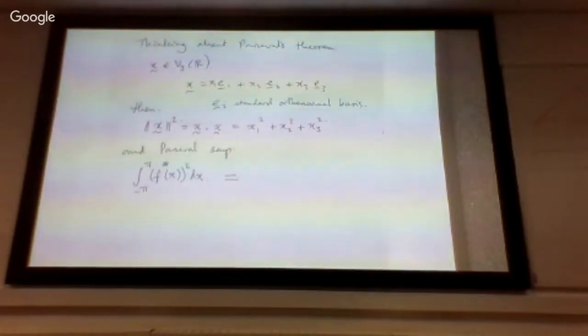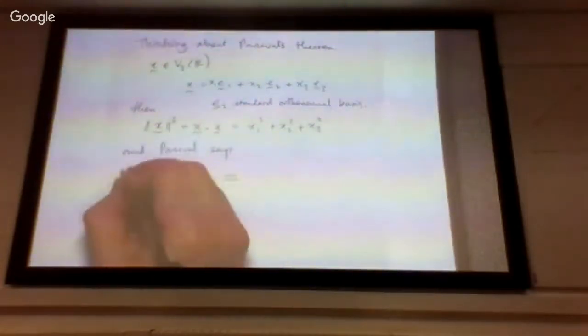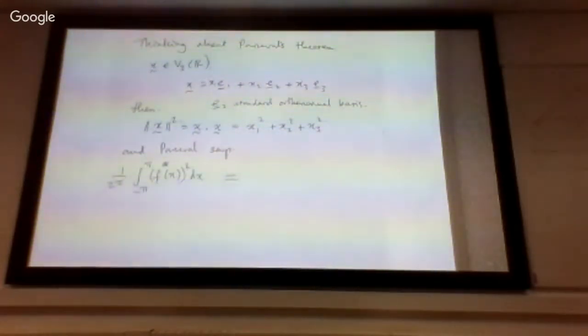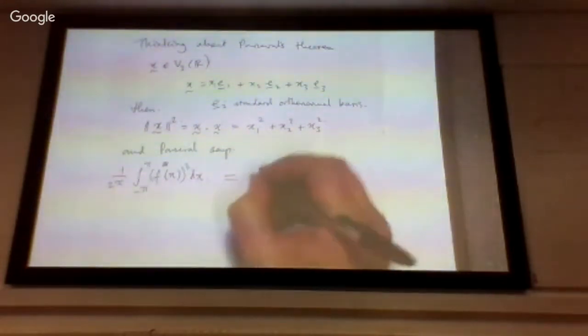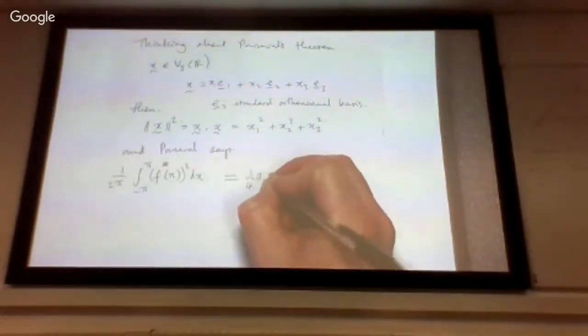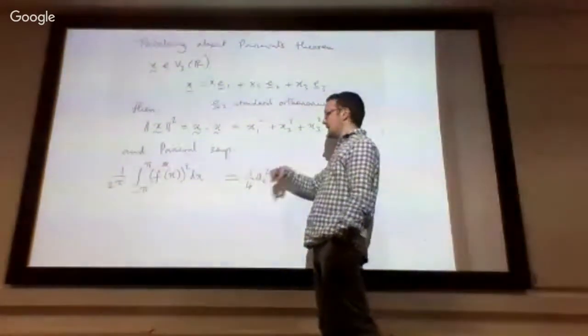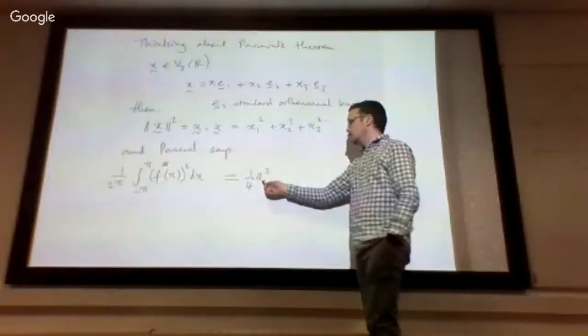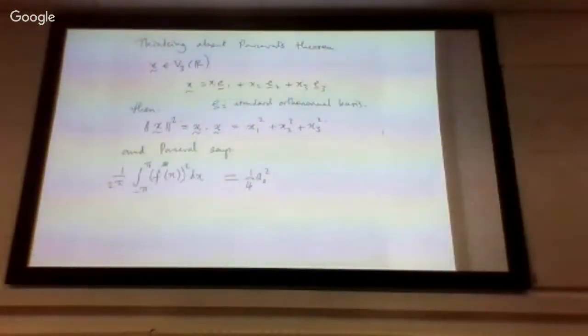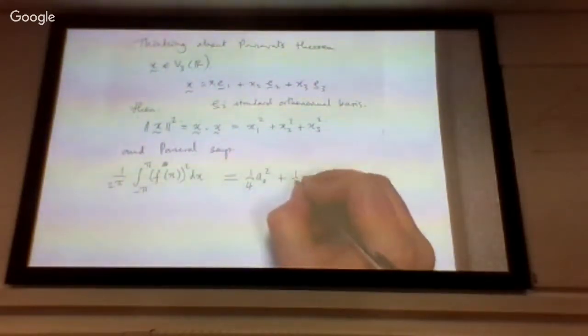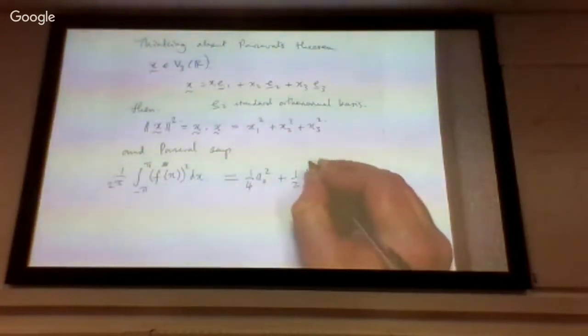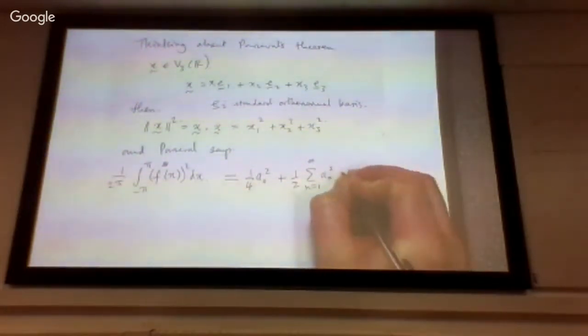There's a little bit of a twist and rescaling going on: we've got this quantity 1 over 2 pi at the front on the left-hand side. And because of the choices made when we were setting up Fourier series originally, and how we represented the constant term A0, we'll have a quarter of A0 squared, and then basically a half of the sum of the squares of all the other components, so all the an squared plus all the bn squared.